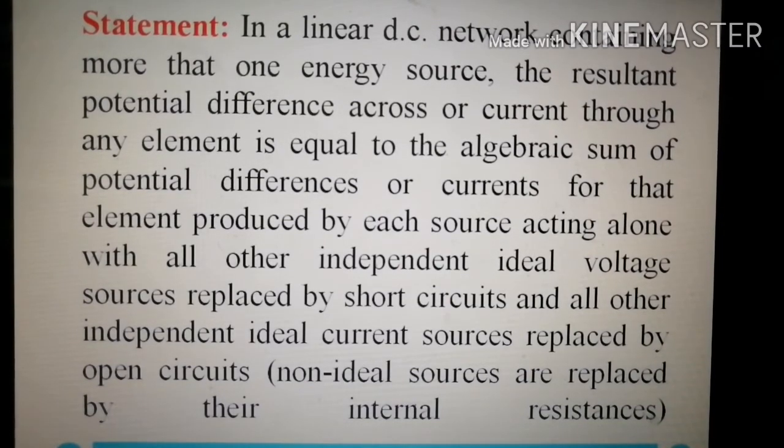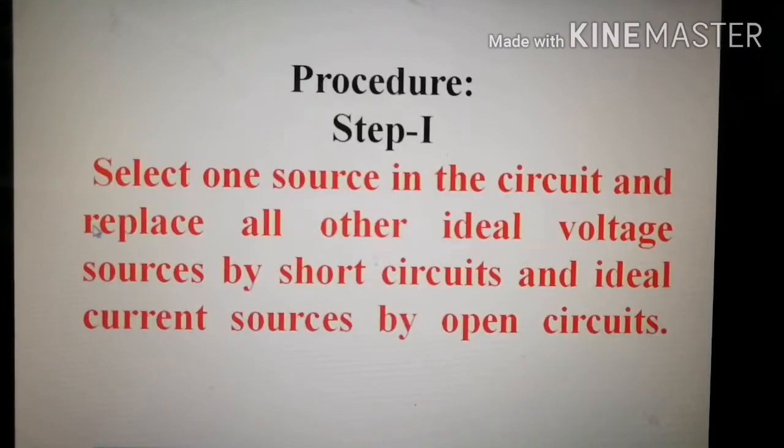Now come to the procedure. I'm going to discuss the procedure of the superposition theorem step by step. There are 4 steps. Step number 1: select one source in the circuit and replace all other ideal voltage sources by short circuits and ideal current sources by open circuits.